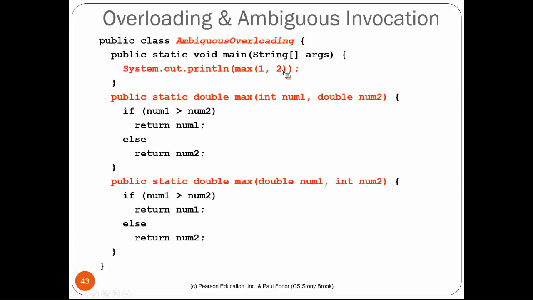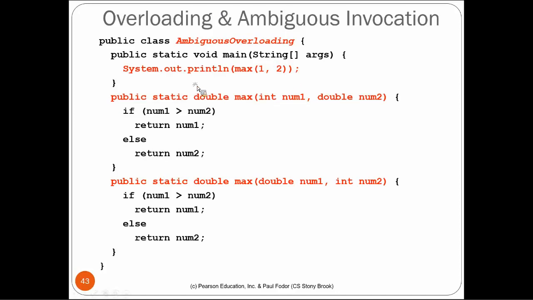However, if I try to invoke that method with two integers, I can actually invoke both methods with equal transformation. In one, I would transform the integer 2 into a double. In the second one, I would transform the integer 1 into a double. So neither of them is a better match for the invocation of max of 1 and 2. The compiler decides that they are both equally far from the method max.